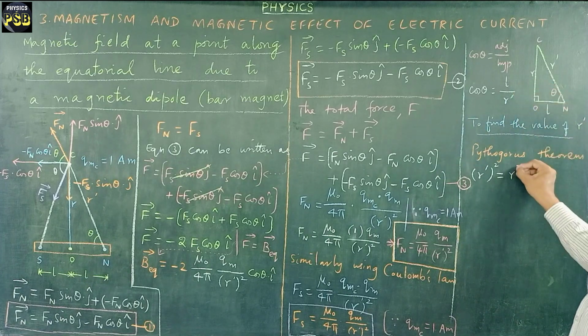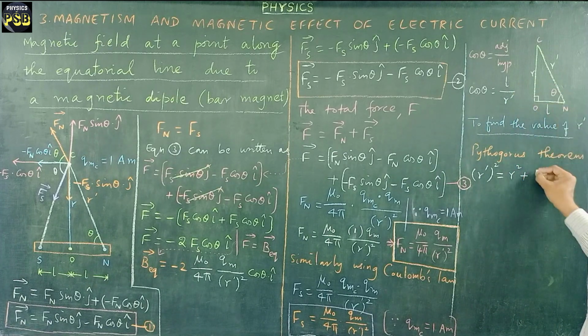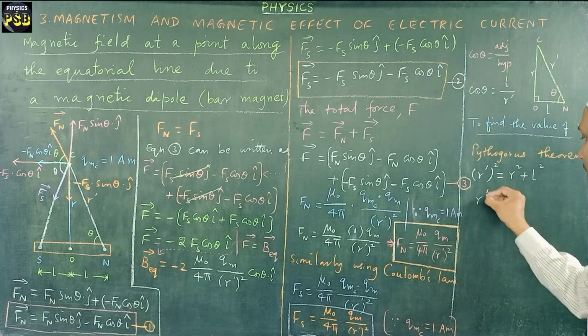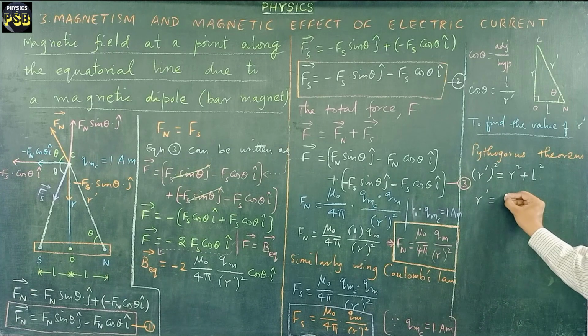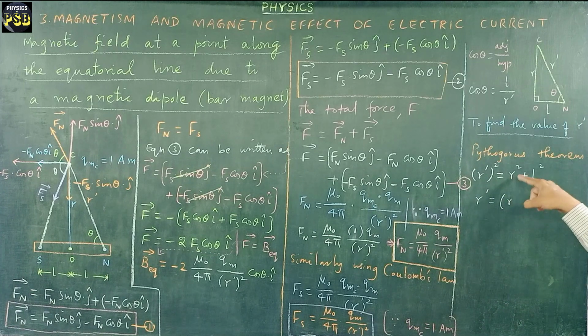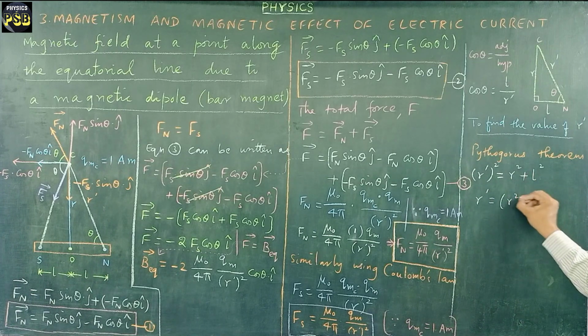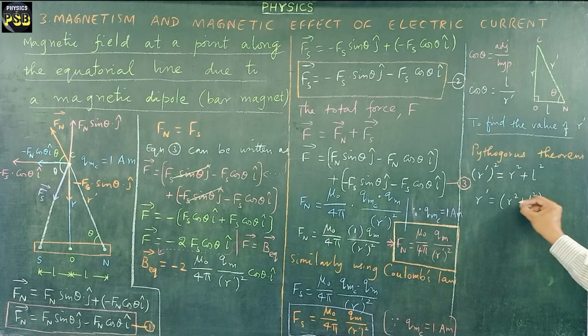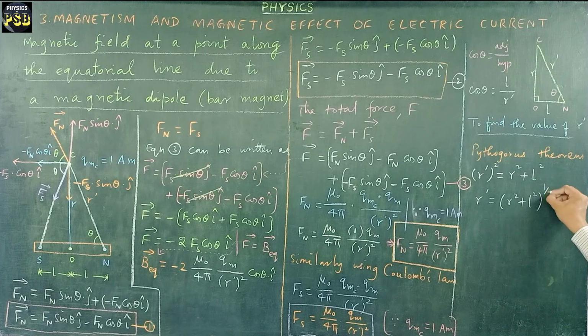Here r square plus L square is what we get. So from this, r dash is equal to the root of r square plus L square, which can be written as r square plus L square to the power half.